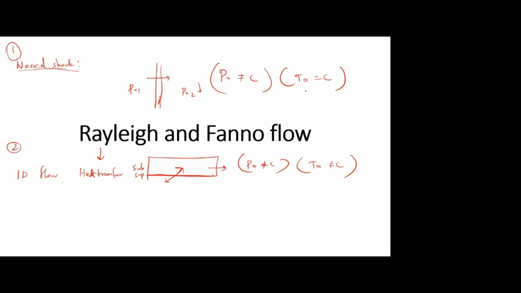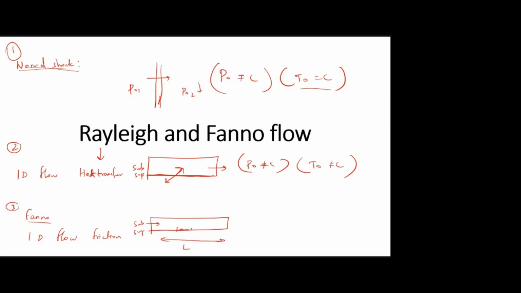For the shock, T naught is constant, but for this Rayleigh flow, as we are adding or removing heat, T naught is also not constant. Then the third one, Fanno flow. This is flow with friction. We will take a long duct and see how the inlet property, subsonic or supersonic, changes due to the frictional wall.